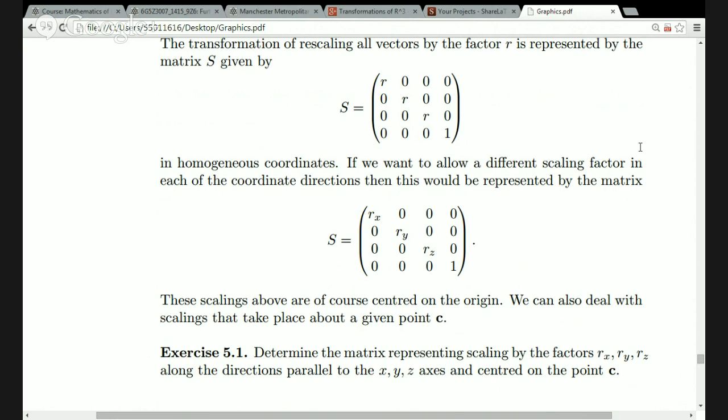So we could look at exercise 5.1 there. It says, determine the matrix representing scaling by the factors Rx, Ry, Rz along the directions parallel to the X, Y, and Z axes, but centered on some other point with position vector C.